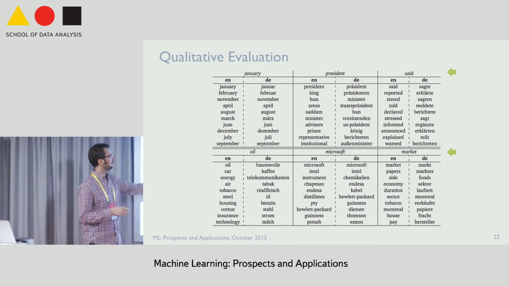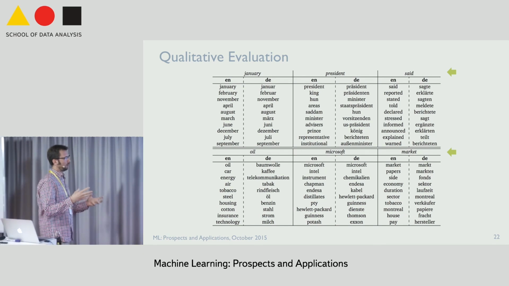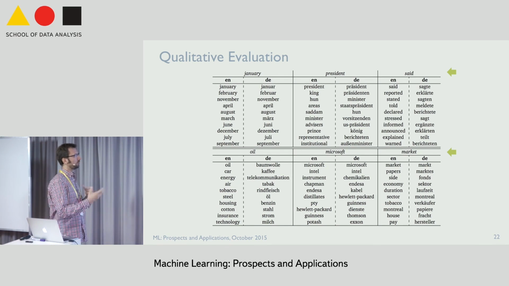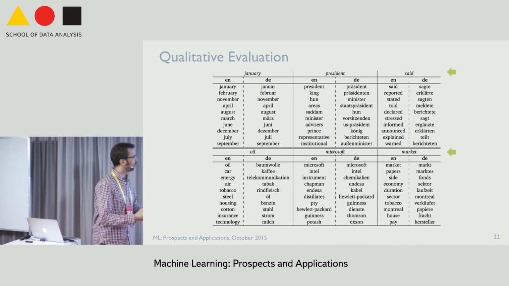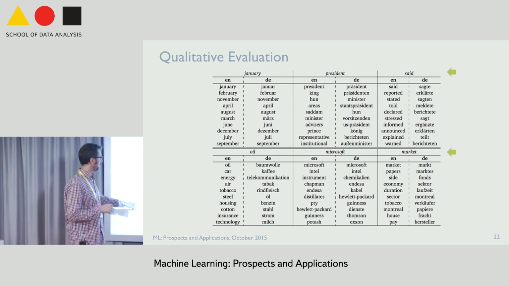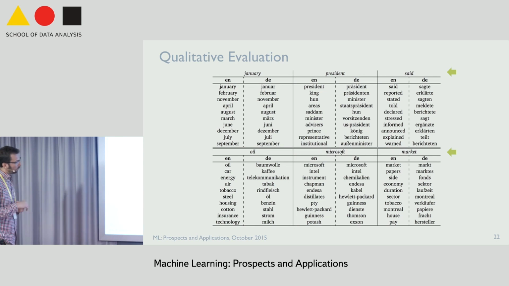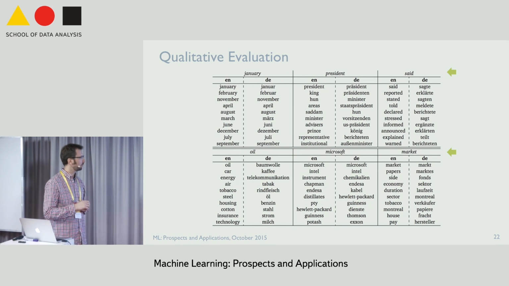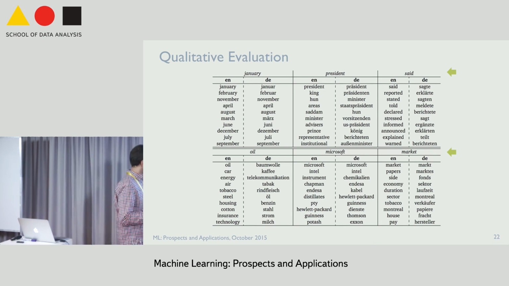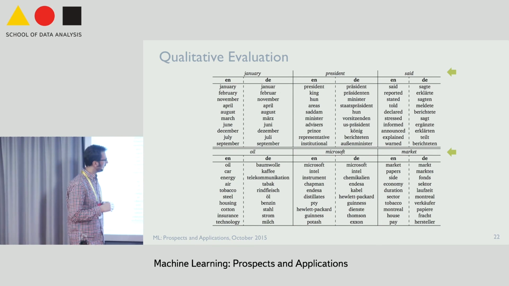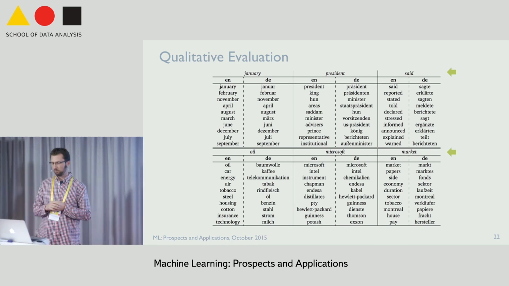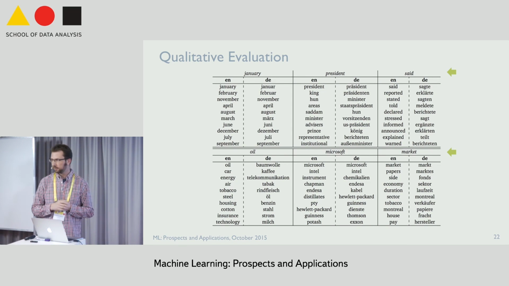You see that the verbs in both languages closest to the word said relate to vocal transfer of information: informed, stressed, declared, etc. And then some things don't work so well. These words next to oil should probably represent something like industrial sector words, and some of them fit and some of them don't. But that's one way to visually check to see if it makes sense.